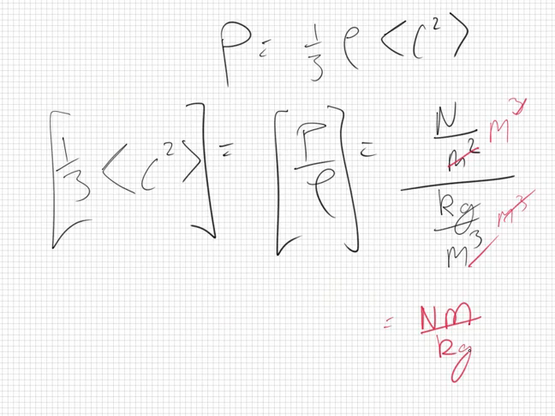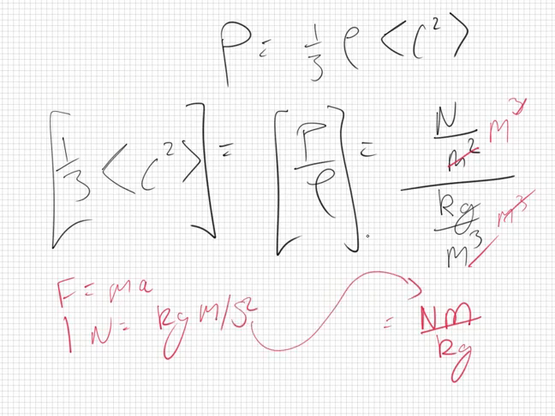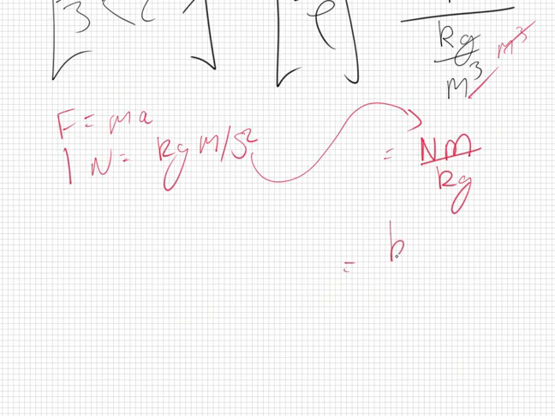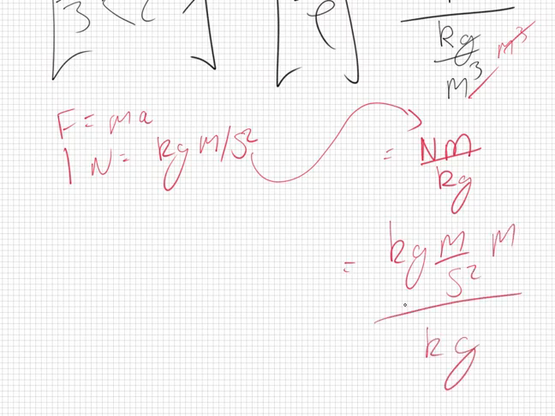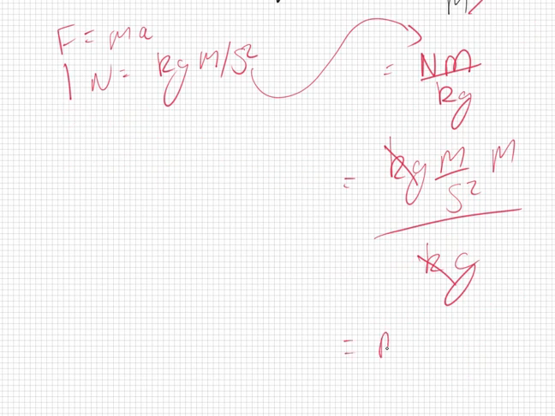Now we have to clean this up a little bit more. But Newton, what's Newton? F equals ma. So 1 Newton will equal kilogram meter per second squared. So let me put that in for Newton. Kilogram meter per second squared, meter, over kilogram. So what cancels? Kilograms. And what are you left with? Meter squared over second squared.